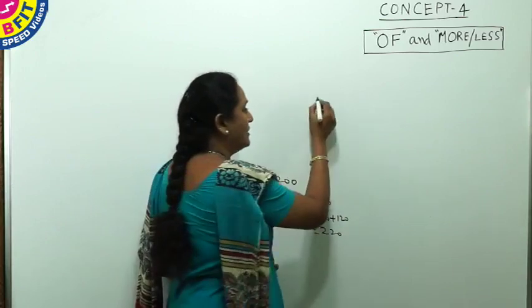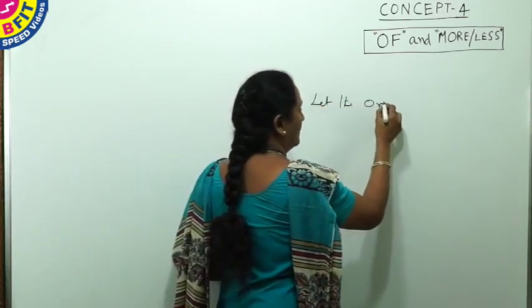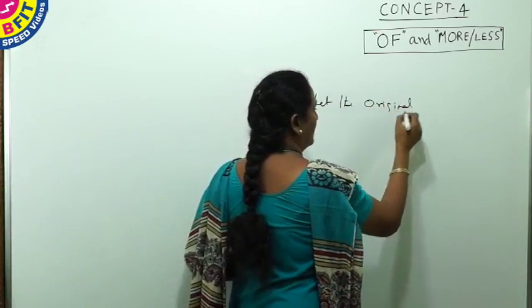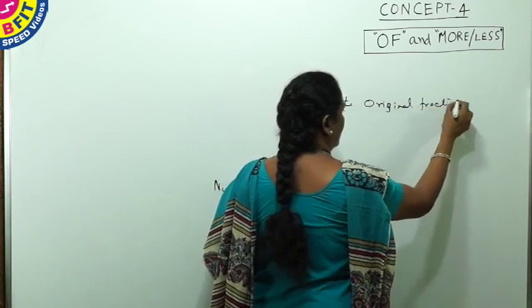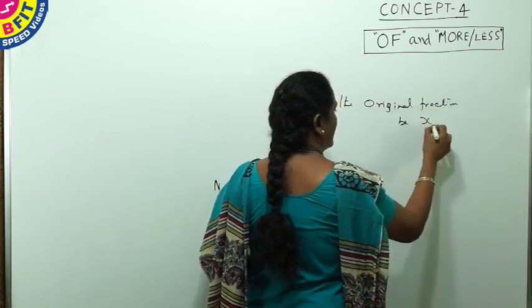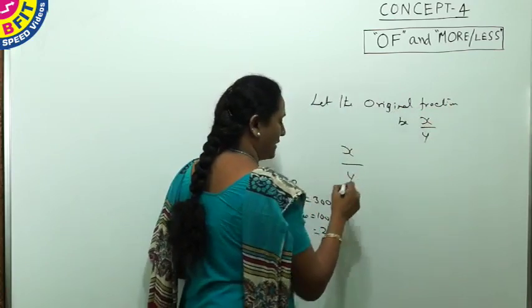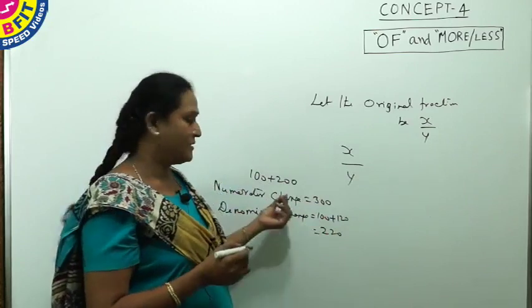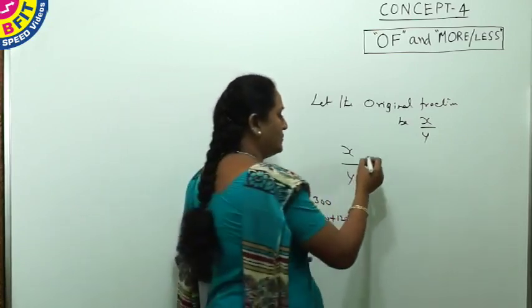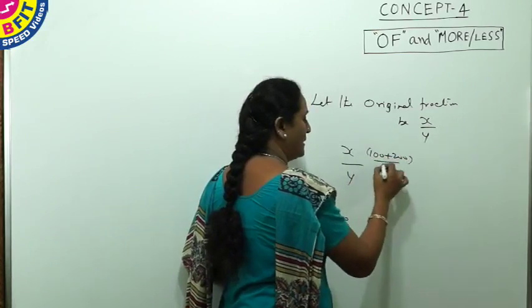So let the original fraction be x by y. So x by y is the original fraction. And by what percent is the numerator increased? It is increased by 200%. So whenever an increase is given, add it with 100, by 100.